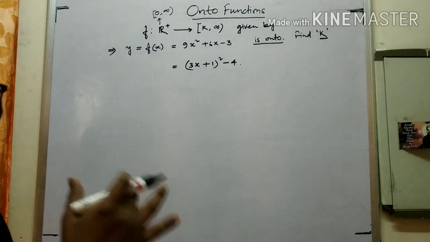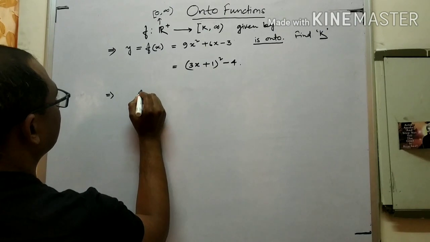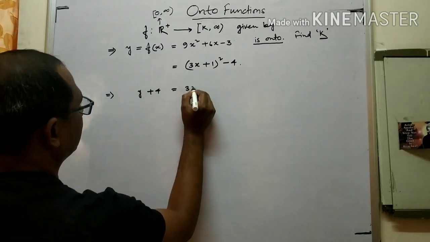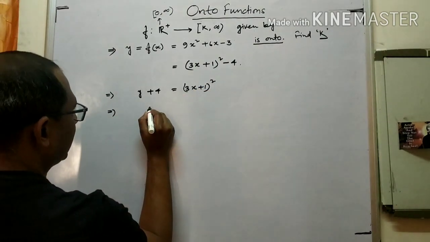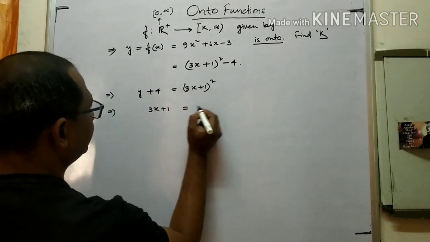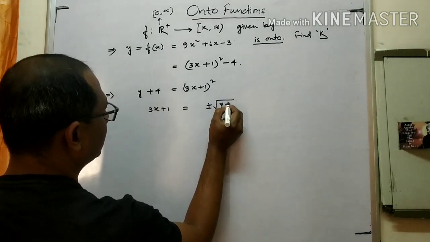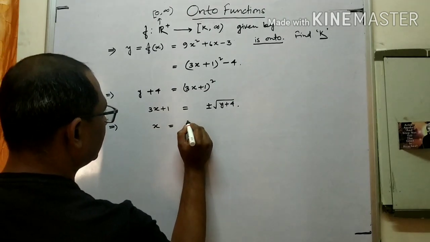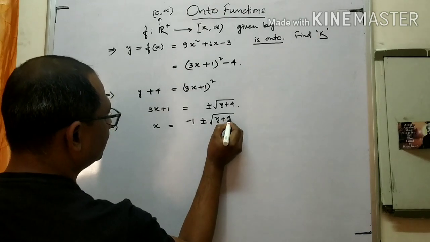We'll express x in terms of y. y + 4 will be equal to (3x + 1)². So ultimately I will get 3x + 1 as plus minus square root of y + 4. So x will be equal to (−1 ± √(y + 4))/3.